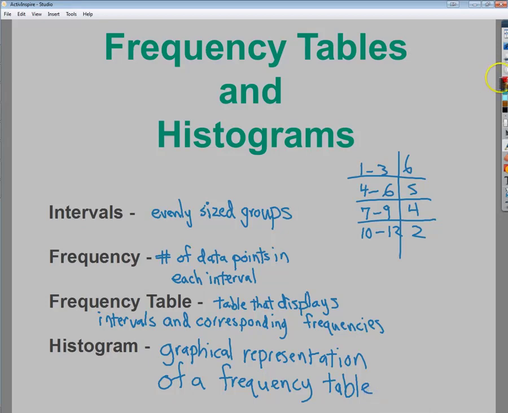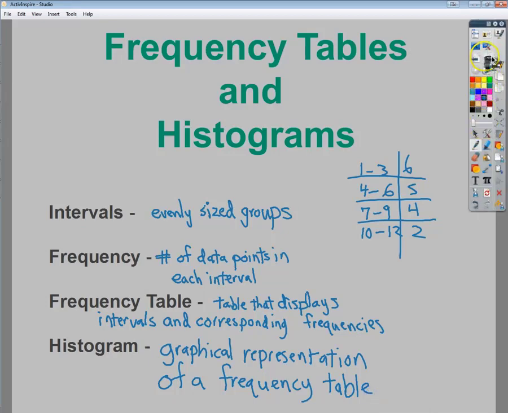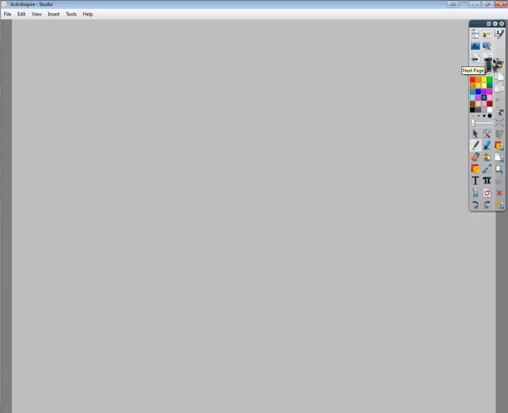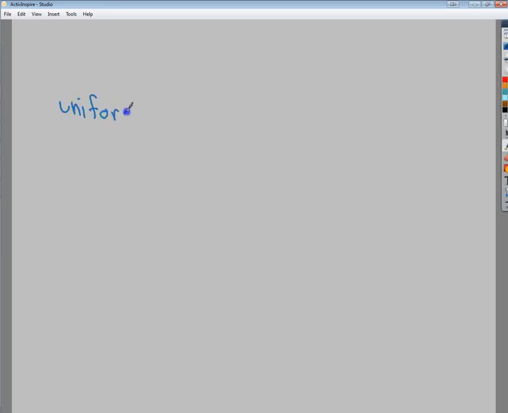Now, a histogram comes in 3 basic looks. The first would be uniform. And I'm just going to draw it, but when I get to the question part, I'll actually explain how to make it look.